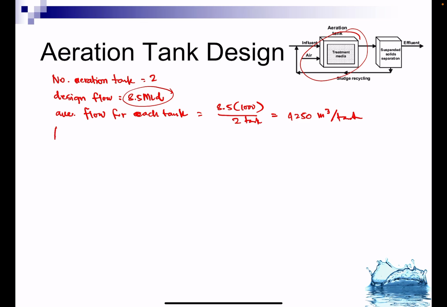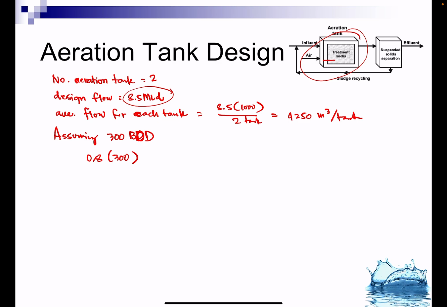Okay. Assuming that your BOD at the inlet is 300. That is your BOD from the inlet. Therefore, your BOD at the inlet of the aeration tank would just be 0.8 or 80% of the 300. Why 80%?